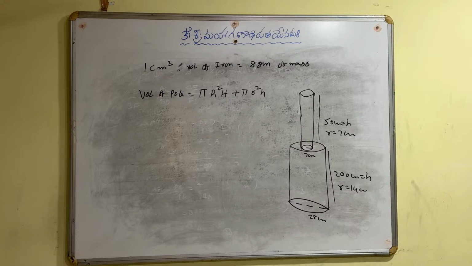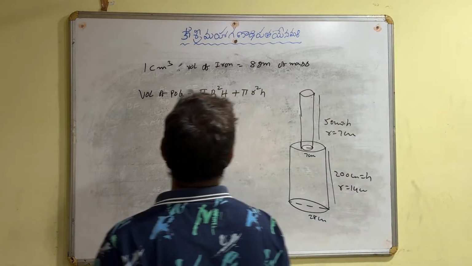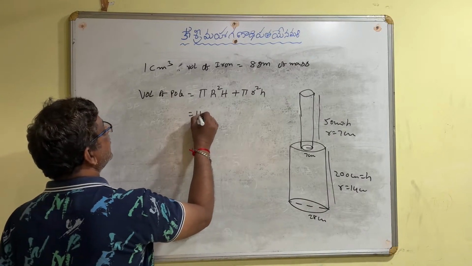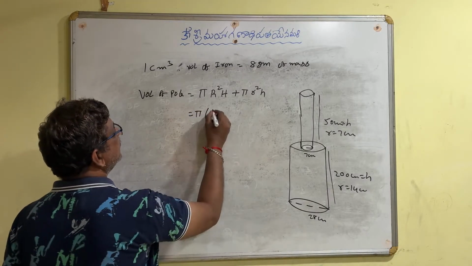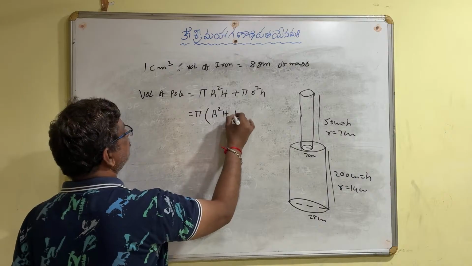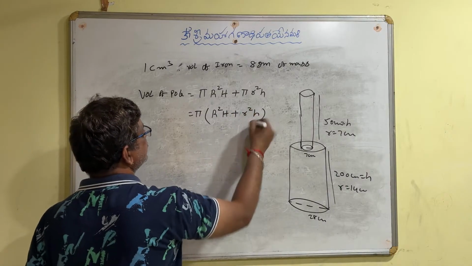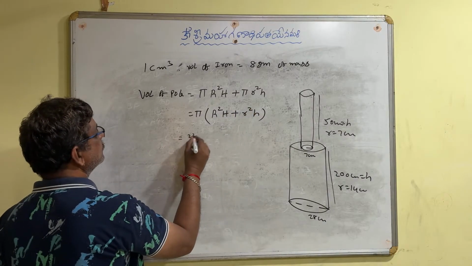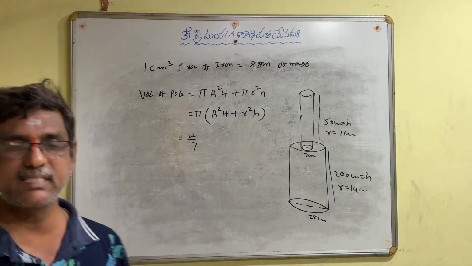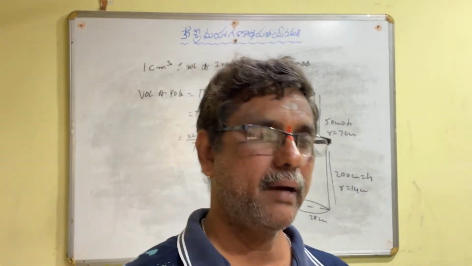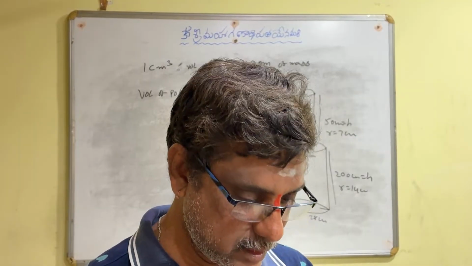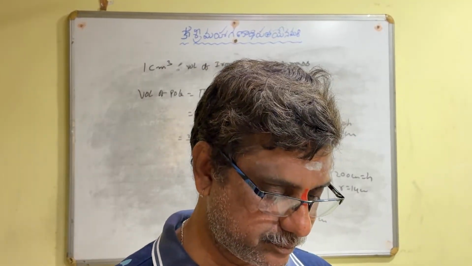You need to calculate volume first. So what will we do here? I will take pi common. Remaining is capital R square capital H plus small r square small h. Now insert the values. Pi value is 22 by 7.